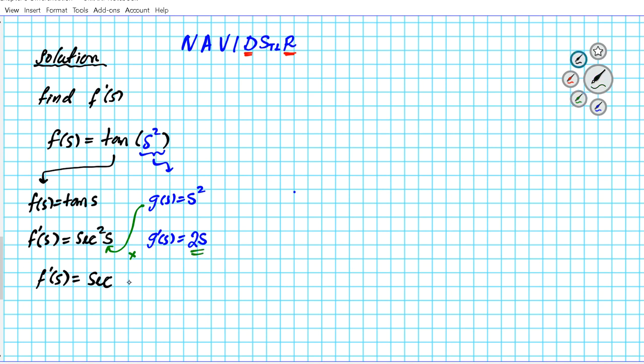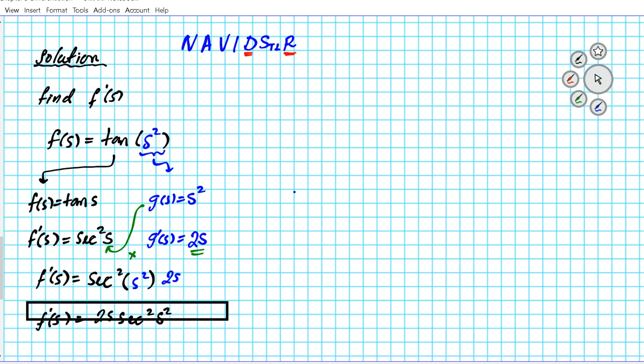Okay, so it's going to be secant square s square times 2s. And there you have it. Let's write it in standard format. F prime of s is going to be 2s secant square s square. And that is the answer to question number 3.